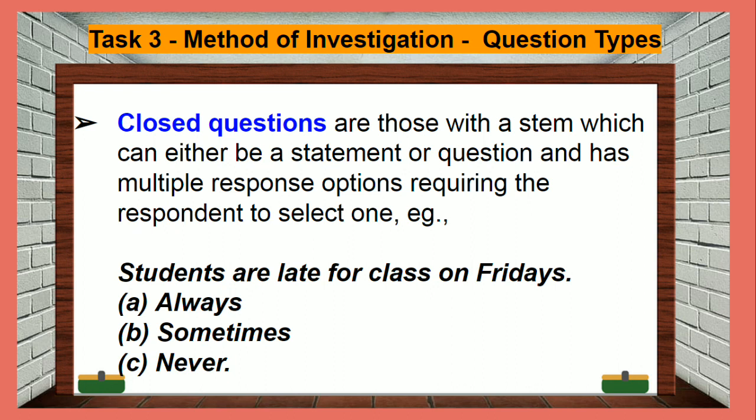Questions may either be closed, open-ended, or scaled or range items. Closed items are those with a stem that can either be a statement or a question and has multiple response options for persons to choose. They are similar to multiple choice items on a test paper.